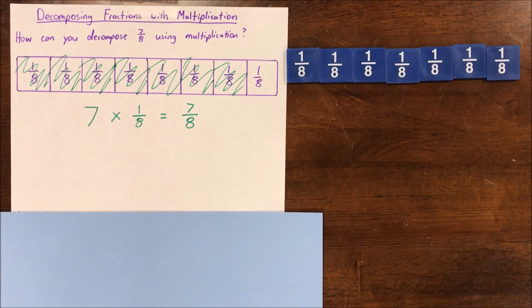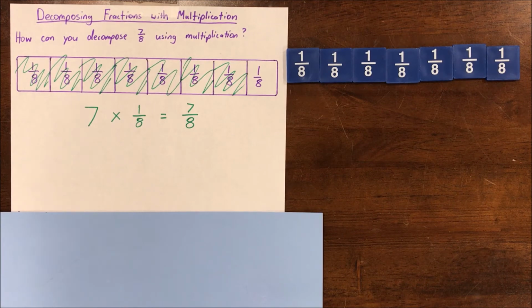So how is this similar to the addition number sentence that Annabelle wrote in the problem? Say it out loud. Right, in both cases, we have 7 groups or 7 copies of 1/8.